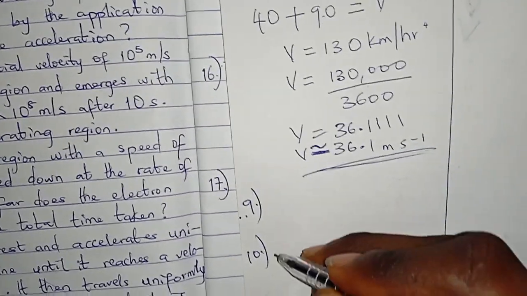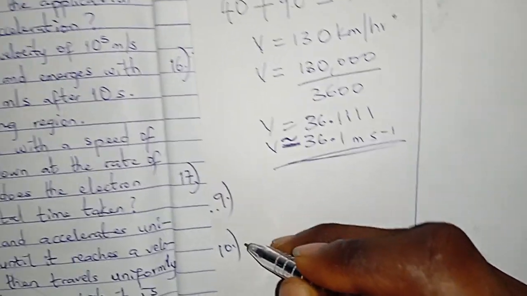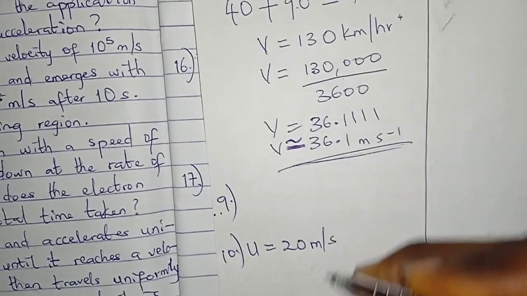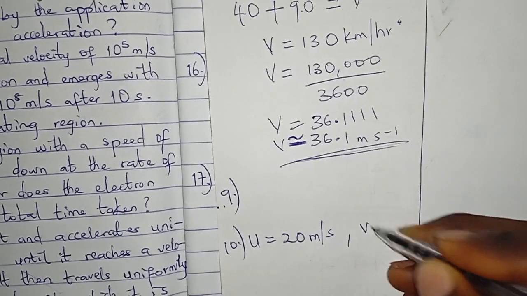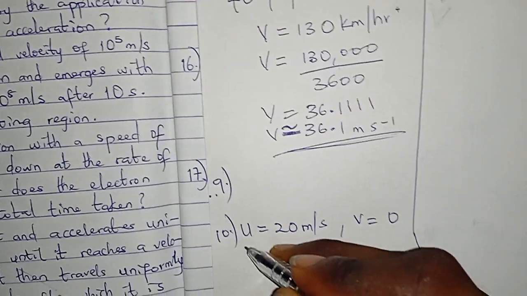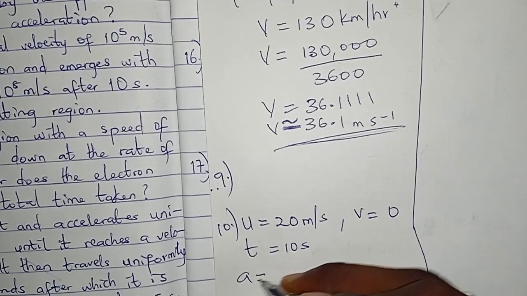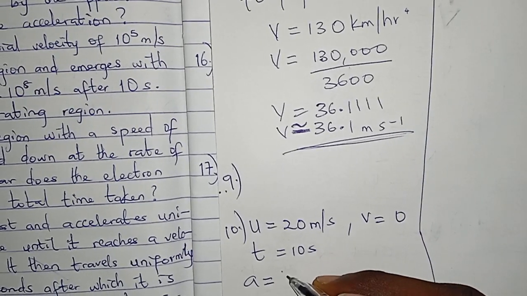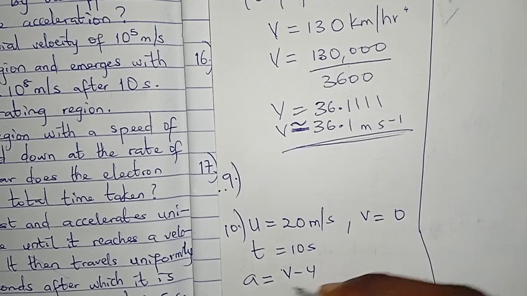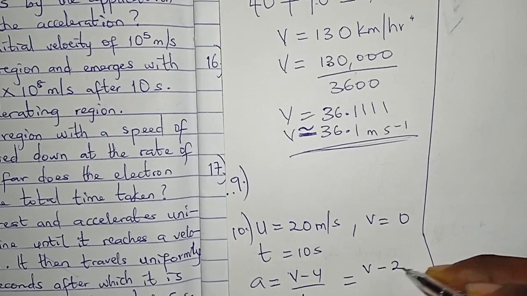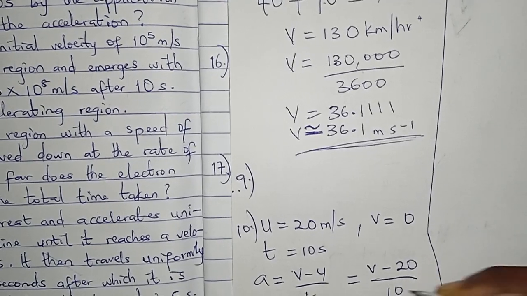So 10, the car moving with velocity. Whatever is given becomes the initial, 20 meters per second. Brought to rest, V equals 0. Then t is 10 seconds. What is the acceleration? Acceleration equals V minus U all over t. So this is the same thing as saying 0 minus 20 all over 10.